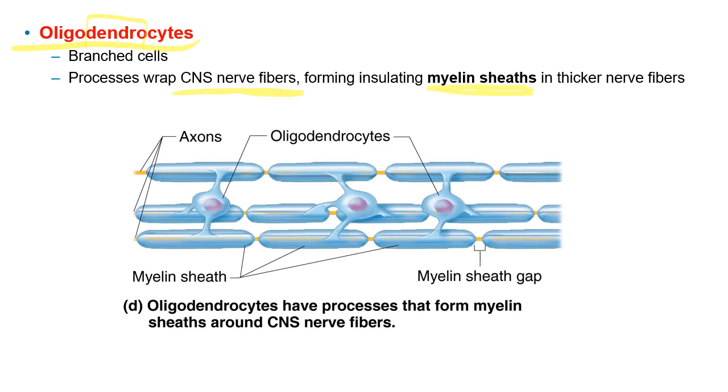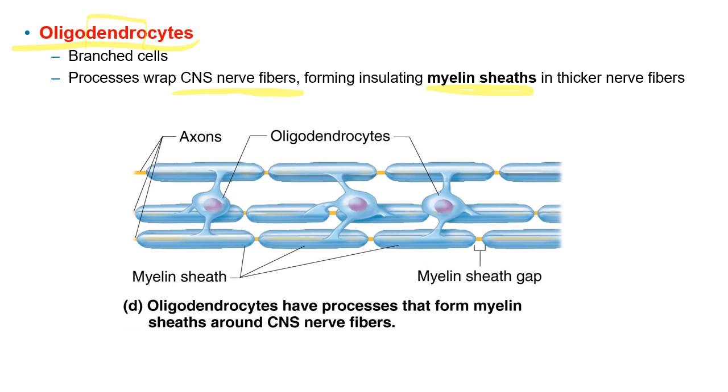But this is not the same type of myelin sheath that you find in your motor neuron. Remember for the motor neuron, you had the Schwann cells that do the myelinating. Now these guys in the CNS are different. These oligodendrocytes do that myelinating.